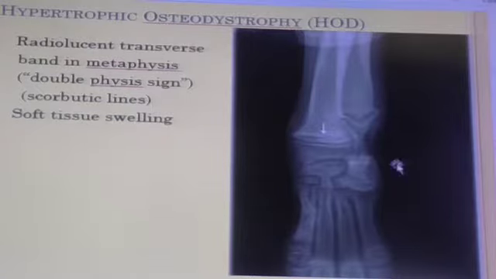So if the distal ulna, the most common one, is now prematurely closed, what's going to happen to the digits? Are they going medial or are they going lateral? Because the radius continues to grow, the digits go lateral.